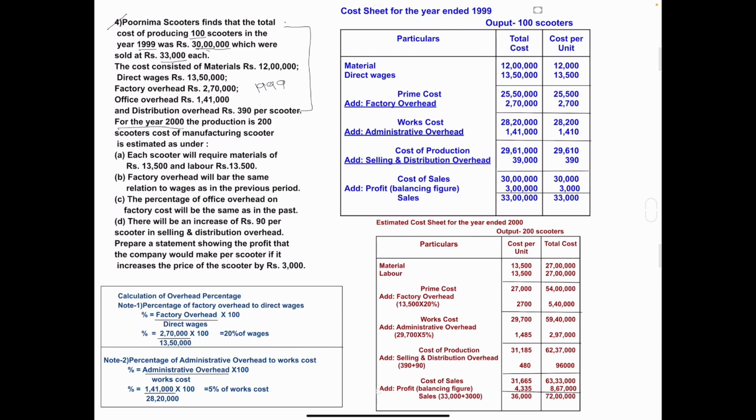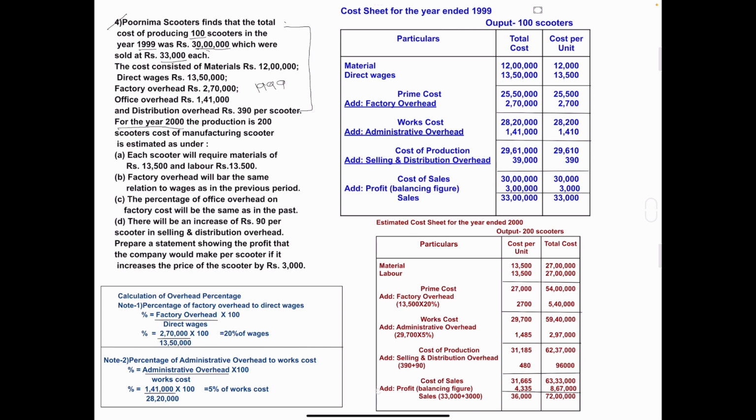For the year 2000, the production is 200 scooters. Cost of manufacturing scooter is estimated as under. Point A. Each scooter will require material of rupees 13,05,000, labor 13,500. B. Factory overhead will bear the same relation to wages as in the previous period. C. The percentage of office overhead on factory cost will be the same as in the past.